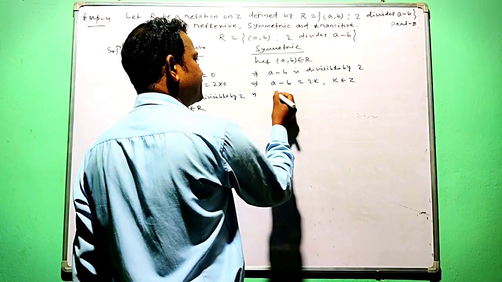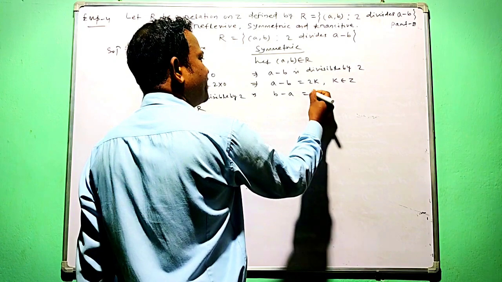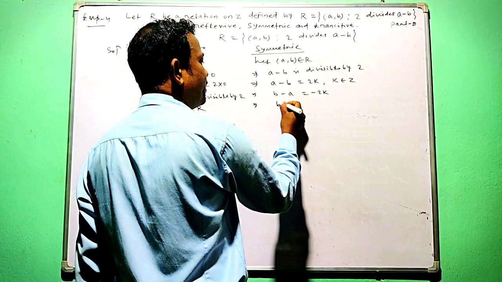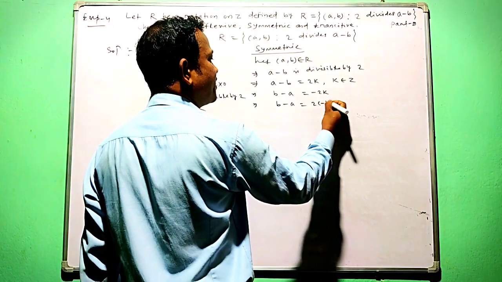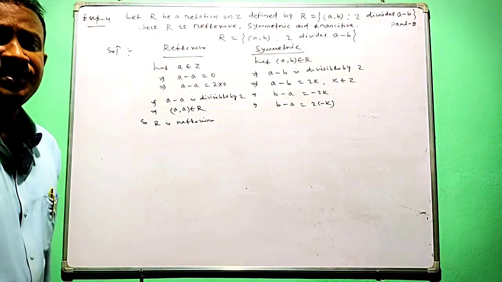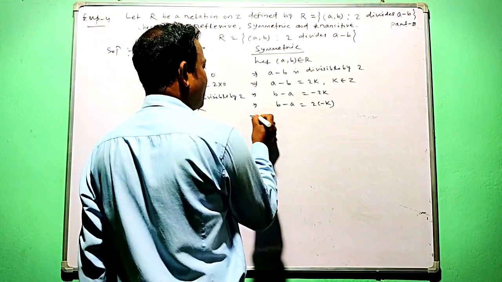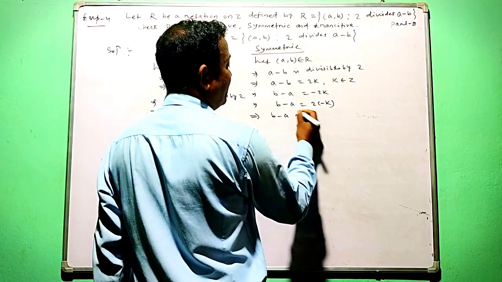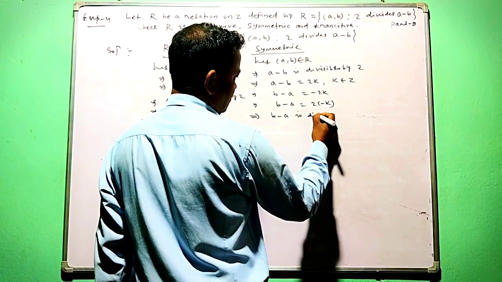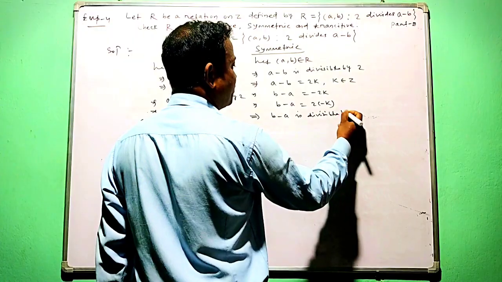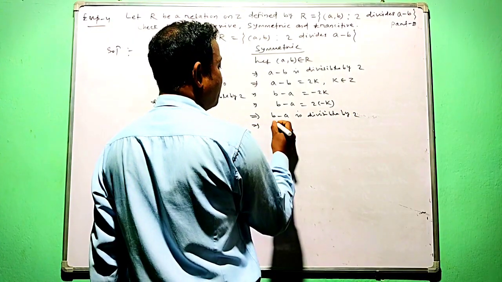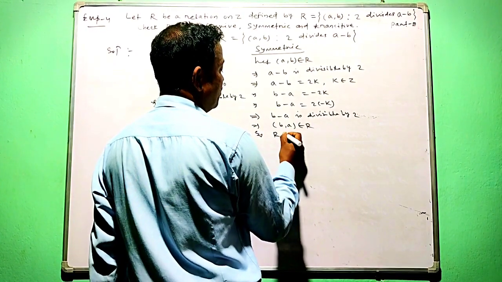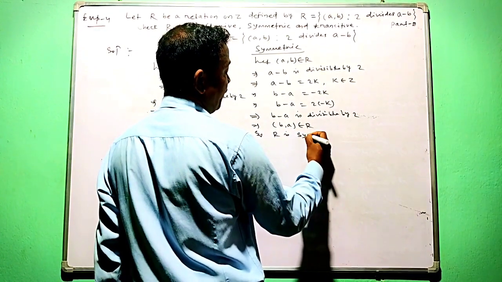That implies b minus a is equal to minus 2k, then we write b minus a is equal to 2 into minus k. That means b minus a is divisible by 2. That implies (b, a) is an element of R. So R is symmetric.